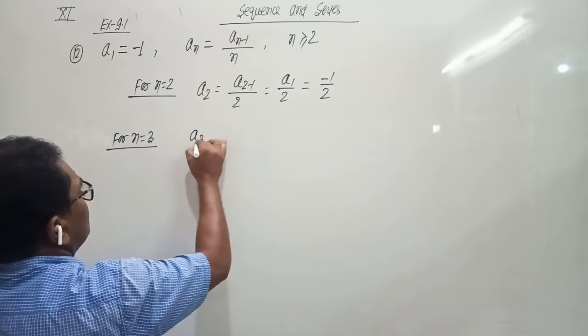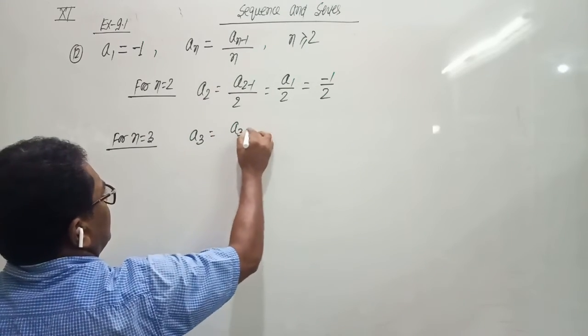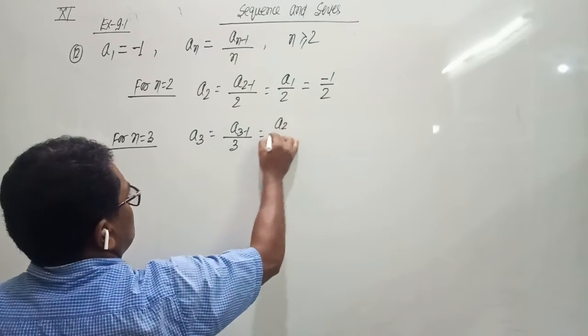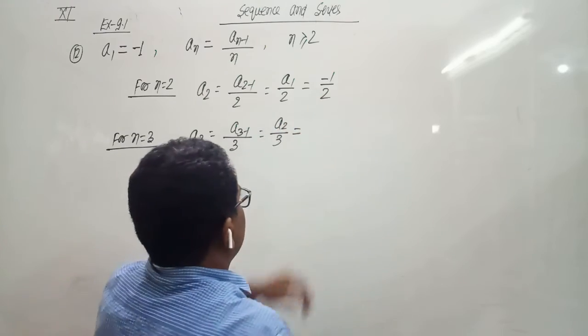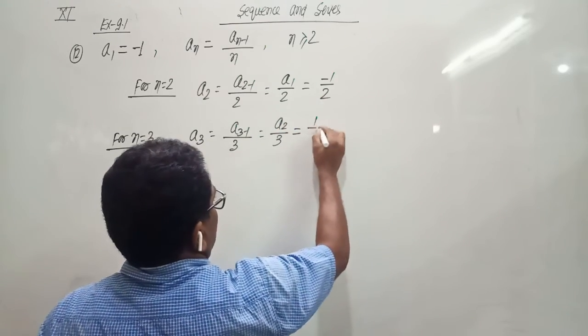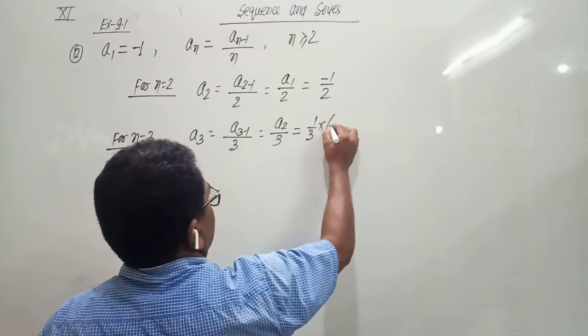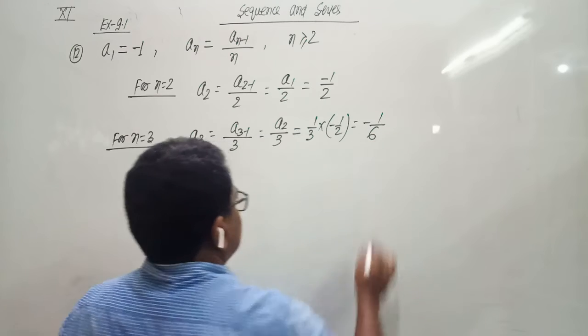So A3 equals to A of 3 minus 1 upon 3. That is A2 upon 3. And the value of A2 is minus 1 by 2. So 1 by 3 into the value of A2, minus 1 by 2. The result is minus 1 by 6.